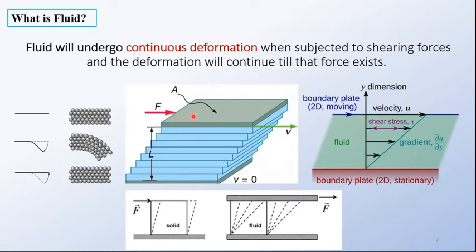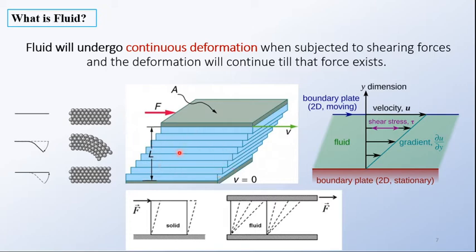The top layer moves much more compared to the layers which are nearer to the stationary surface. If you look at this particular thing, it has moved quite large compared to the layers which are there nearby.